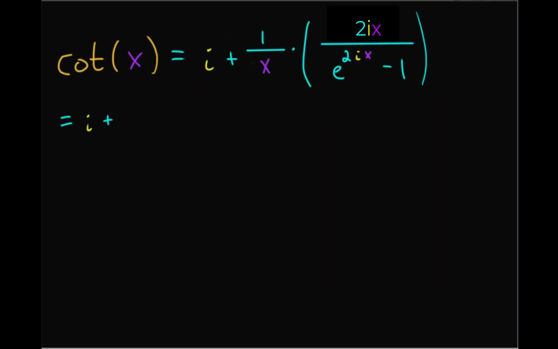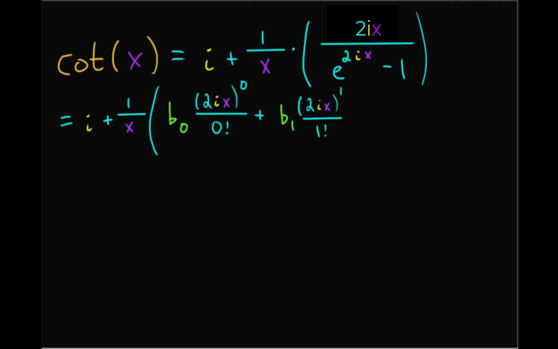So now we're able to write out our Taylor series for cotangent of x, making use of the Bernoulli numbers, and we have that cotangent of x equals i plus 1 over x times the series b sub 0 times 2ix quantity to the 0 over 0 factorial plus b sub 1 times 2ix quantity to the first power over 1 factorial plus b sub 2 times 2ix quantity squared over 2 factorial plus, and I'll just write out the formula for the other terms in the series, the sum indexed from k equals 3 to infinity, since we already covered the k equals 0, 1, and 2 cases.